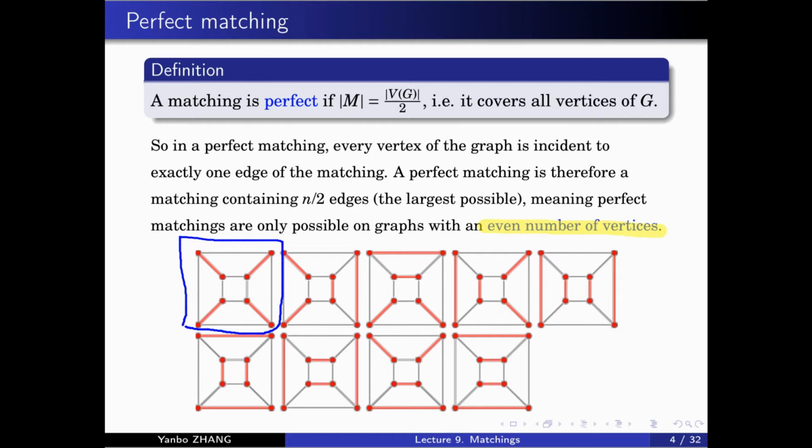A graph with an odd number of vertices cannot contain a perfect matching. The graphs below are cubic graphs of order 8. The red edges form a perfect matching of this graph. This graph has 9 perfect matchings.